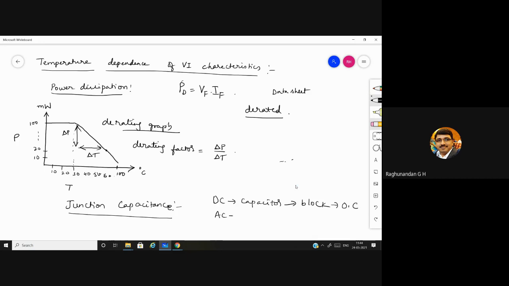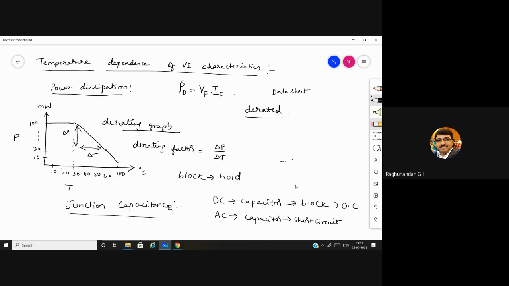For AC, the capacitor is going to act like a short circuit. So for DC, the capacitor is going to block. The meaning of block in another way is that it is going to hold it.